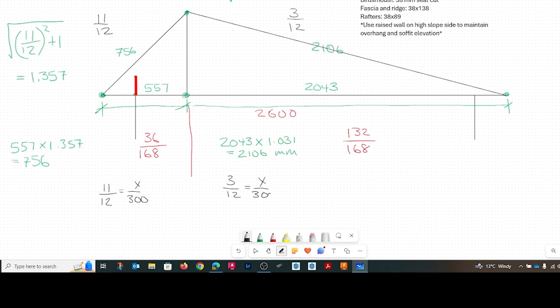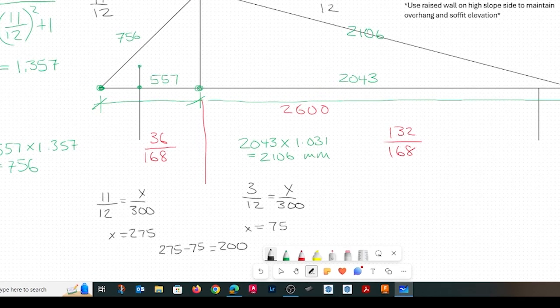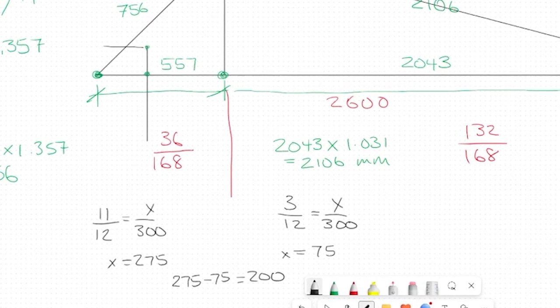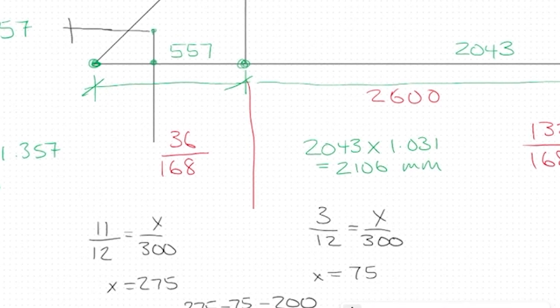I'll just find the difference between those two. 275 minus 75 is equal to 200. Therefore, this additional wall height that I'll be adding on will be 200 millimeters.